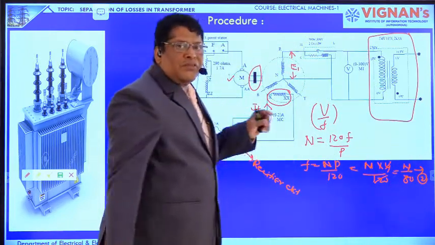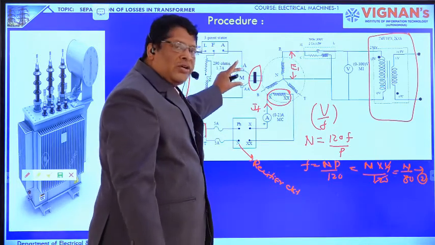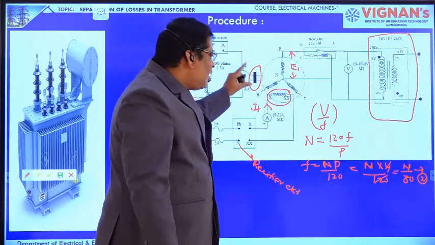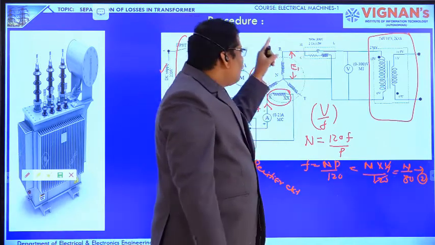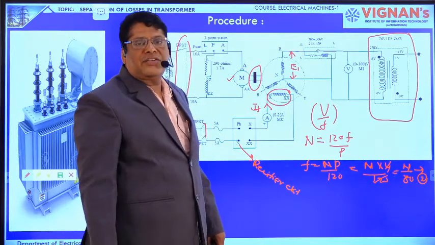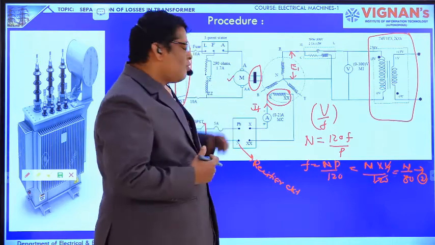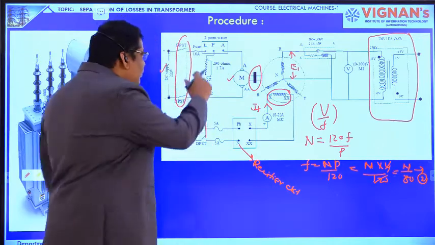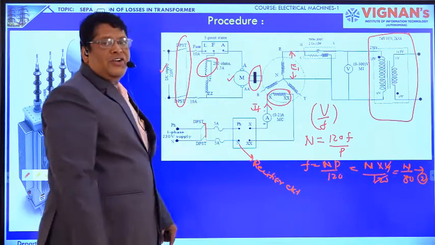From this equation we can say that by changing the speed of the motor, we can regulate the frequency applied to the transformer. How do we change the speed of the motor? By means of this field rheostat.